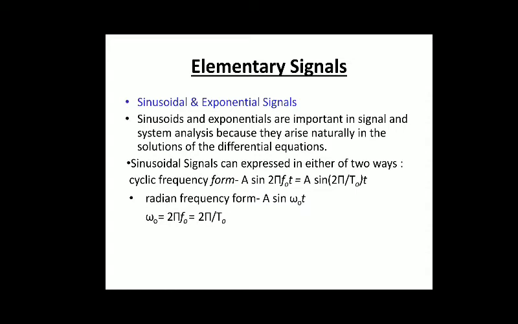If we take f0 as the frequency, then it is represented in hertz, like f0 equal to 50 hertz or 60 hertz. t0 is the time period of the sinusoidal wave, the time taken by the wave to complete one full cycle, going from 0 to maximum positive value, back to 0, then to negative maximum value, then back to 0.